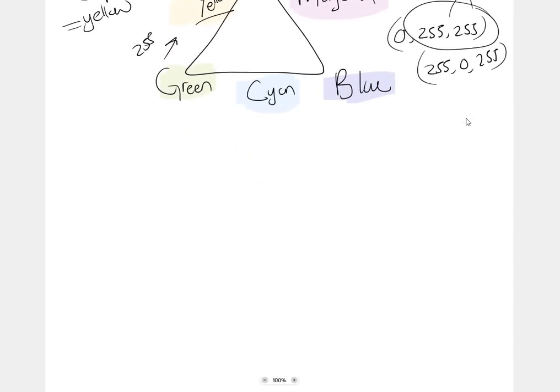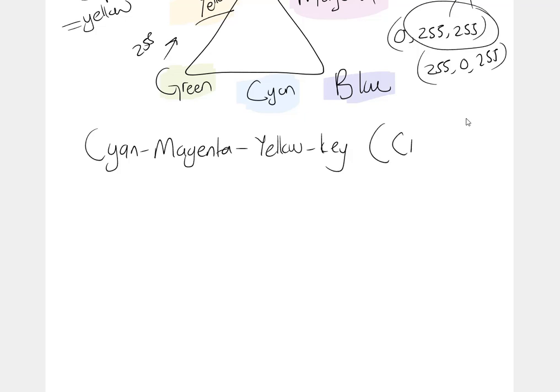This next one is based on subtractive color theory, and it's called cyan, magenta, yellow, and key, also called CMYK.